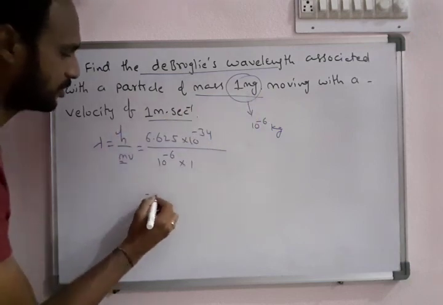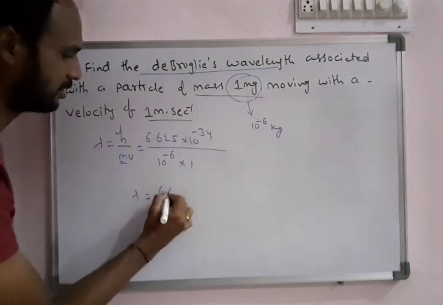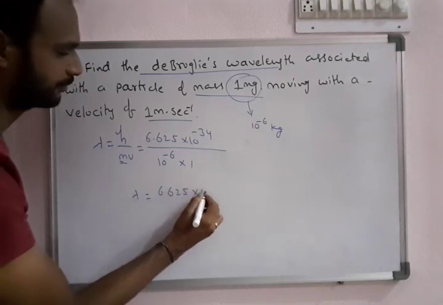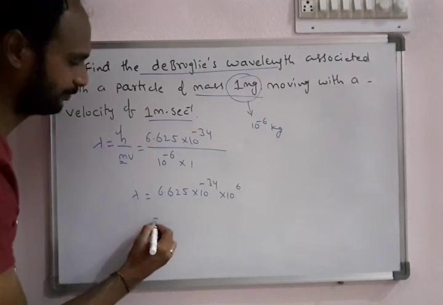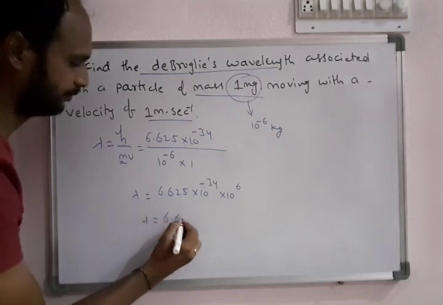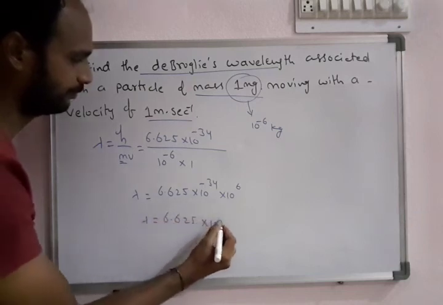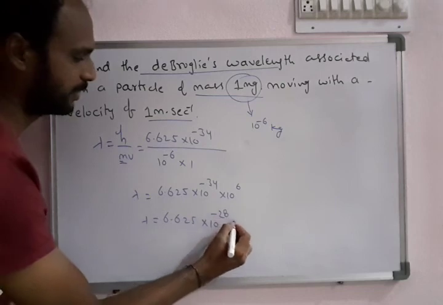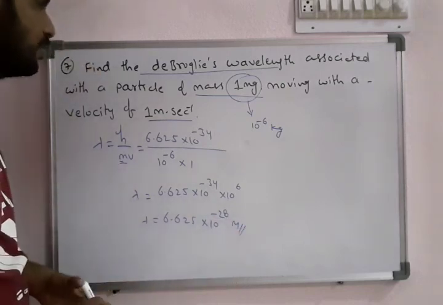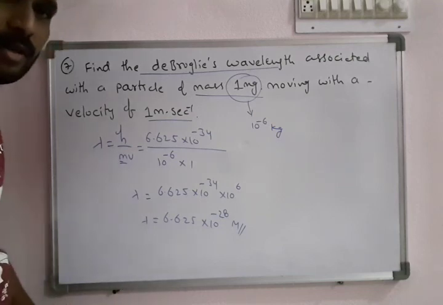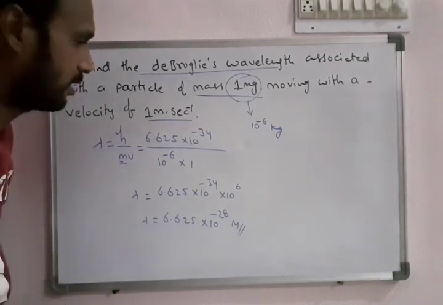It is 1. So simply here we get lambda equals approximately 10 power minus 28 meters. Okay, so these are the de Broglie wave equation problems.